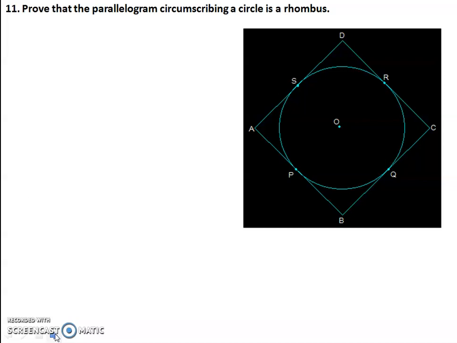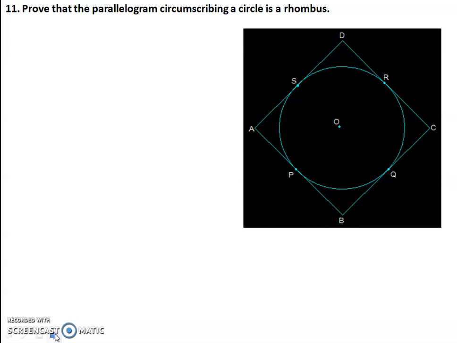Then what makes them different? In a parallelogram, the opposite sides are equal. Now, what is the difference between a parallelogram and a rhombus? In a parallelogram, opposite sides are equal, but in a rhombus, all the sides are equal.